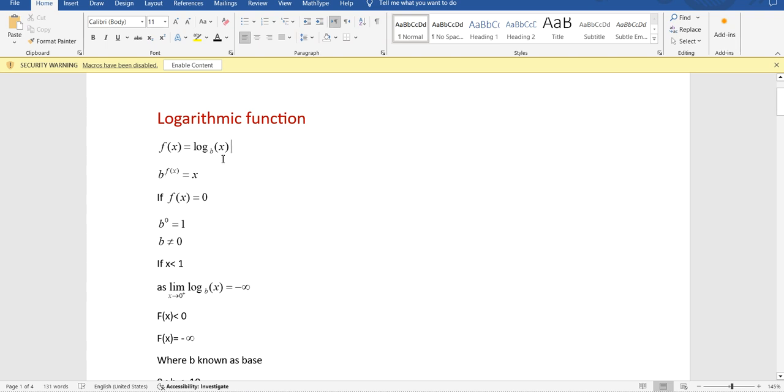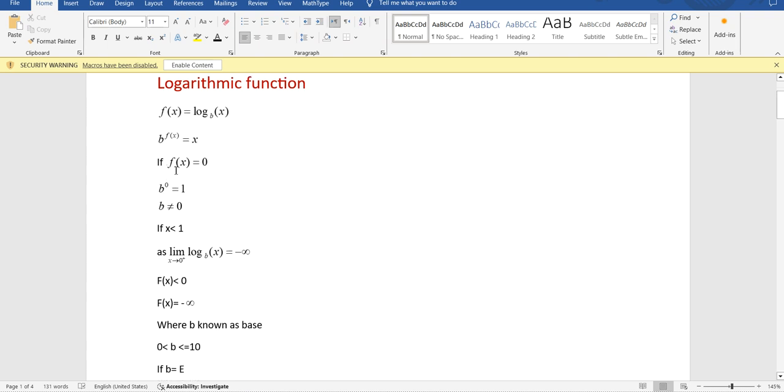It means what power of b gives you the value of x. It means again, what's the value of the power f of x with the base b equal to the value of x.